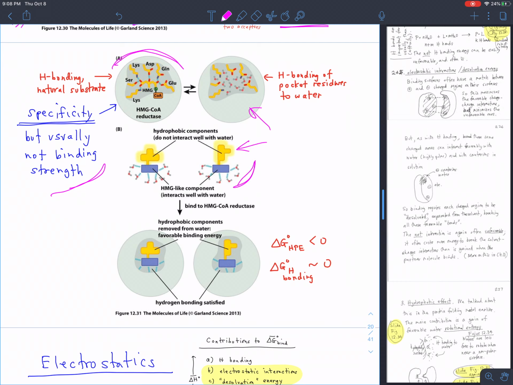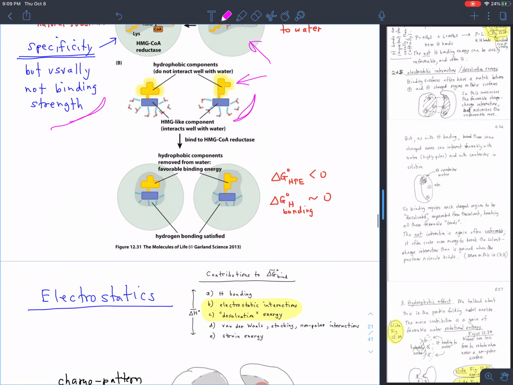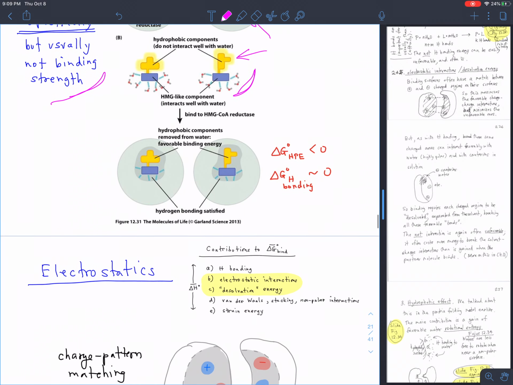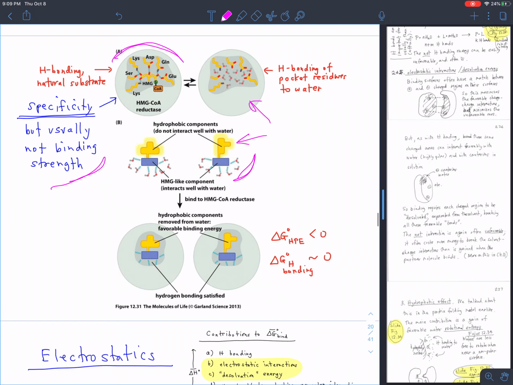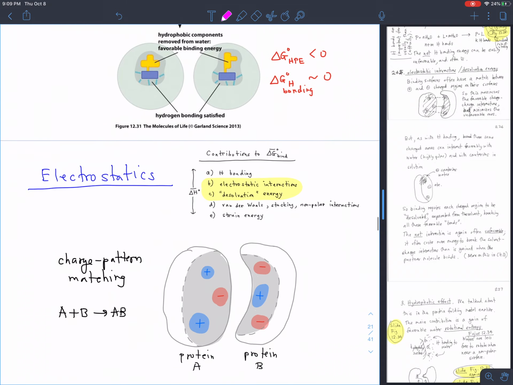And the hydrophobic region is then the thing that's responsible for the binding strength. We'll see that again later when we look at the hydrophobic effect. The hydrophobic effect is an entropic effect. I have things organized by delta H first and then delta S, so we won't get to the hydrophobic effect till we get down a bit, but we will look at that later.